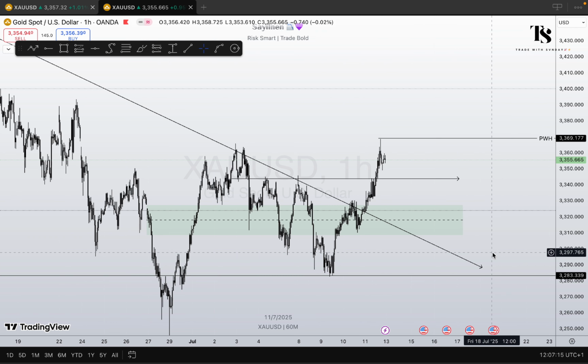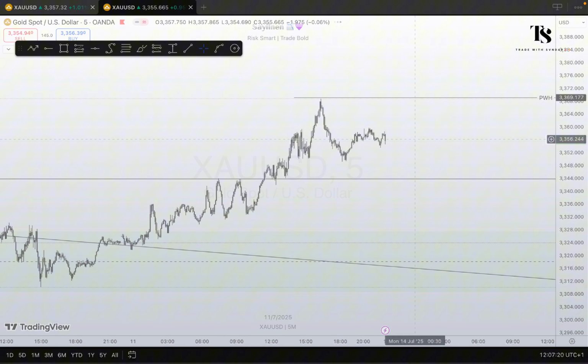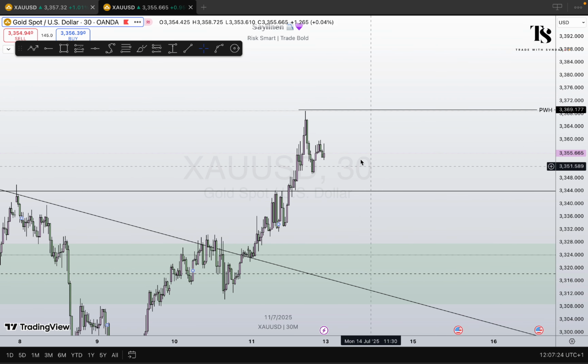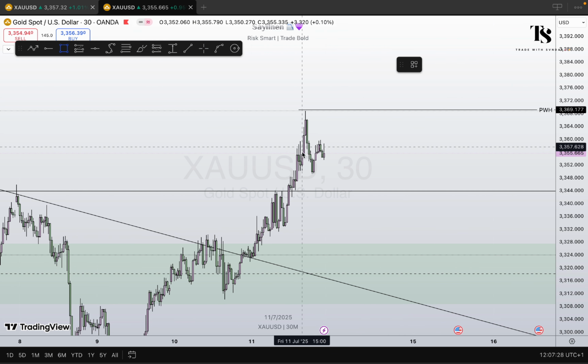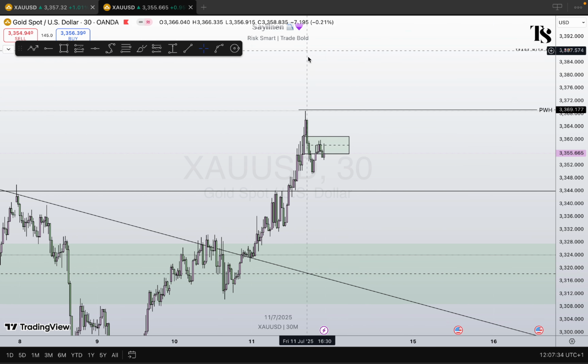And also one more thing, if you go down to 5 minutes, let's go to 30 minutes first. On the 30 minutes time frame, we would notice that there was this average right here, this inversion sitting right here. Let me add the lines so that you could see that clearly. What I would want to see is that I don't want to get much more of price gapping up, but it would actually be good too.